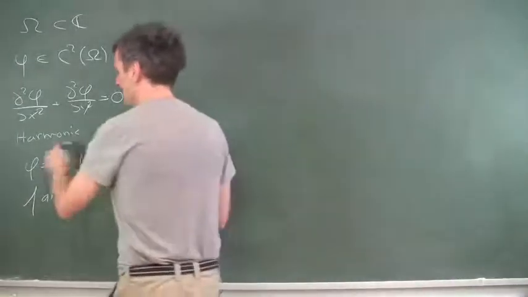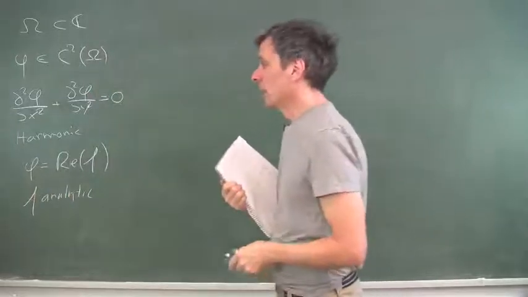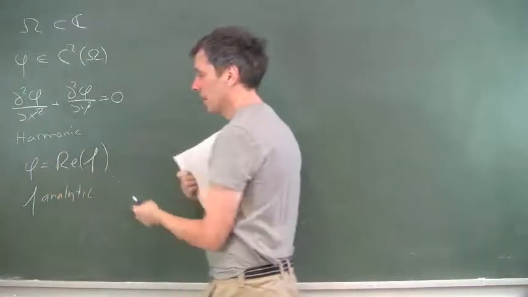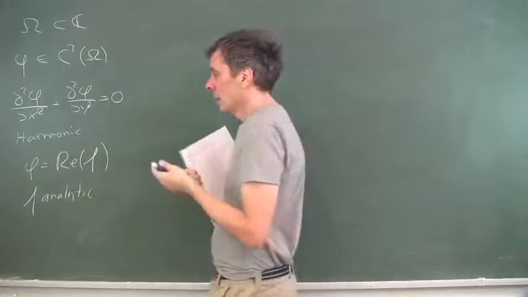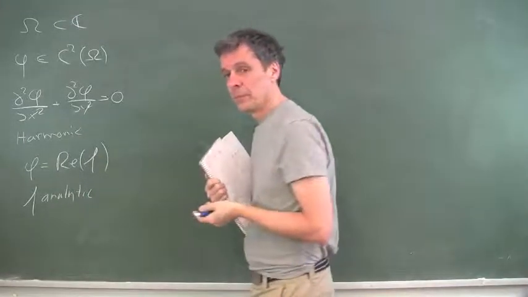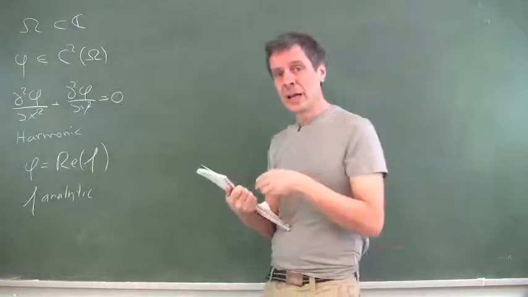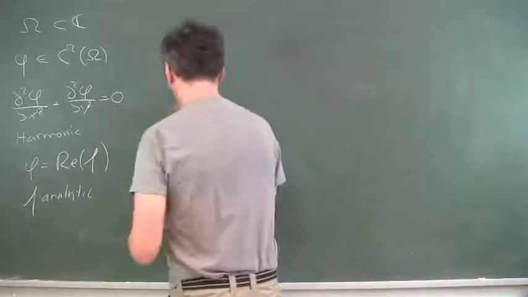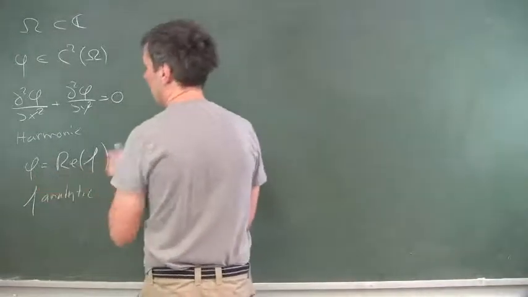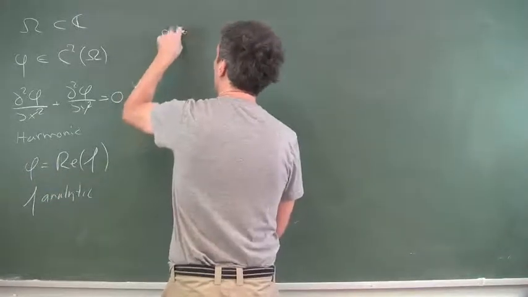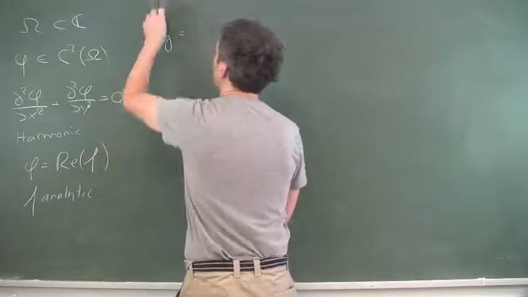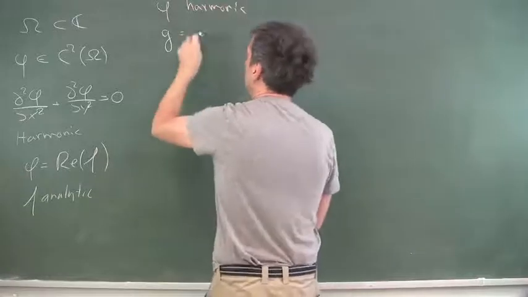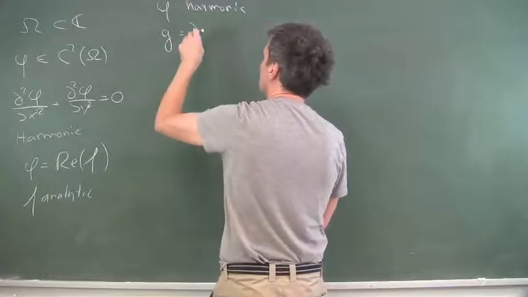And actually, this connection is even closer than that, because it turns out that if you have a real harmonic function phi, then it will be the real part of an analytic function. Perhaps that is not true in every domain, but it is true if you have a simply connected domain. So the idea behind that is that, given phi harmonic, you define a function g like this.